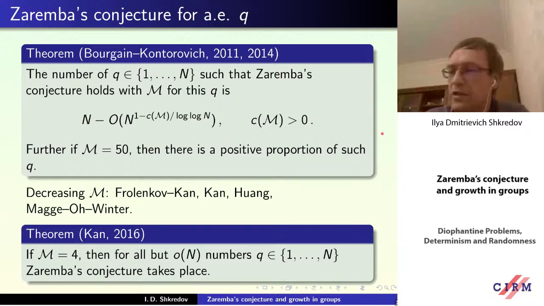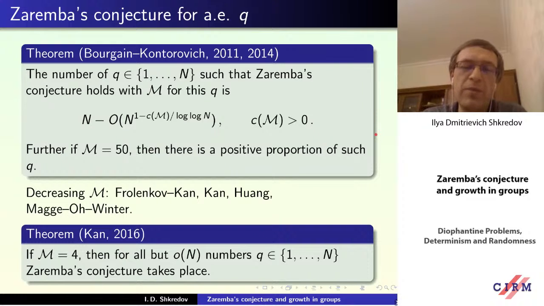Okay, and you see this error term is very small. For example, from this result it follows that there are infinitely many primes for which the Zaremba conjecture takes place.